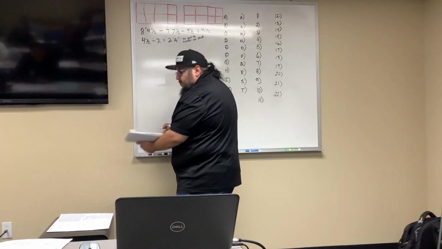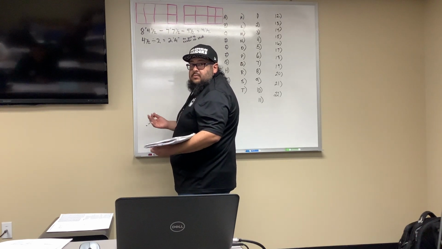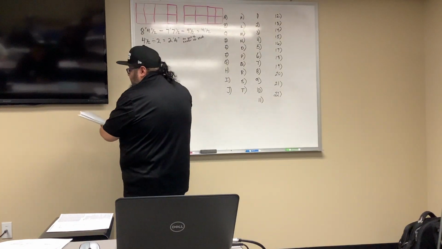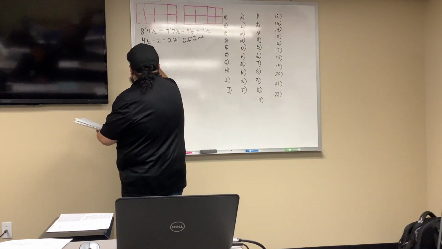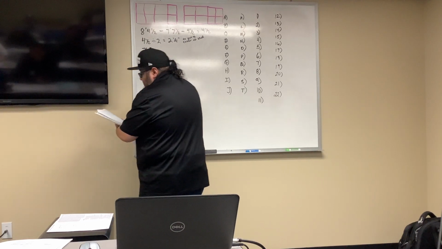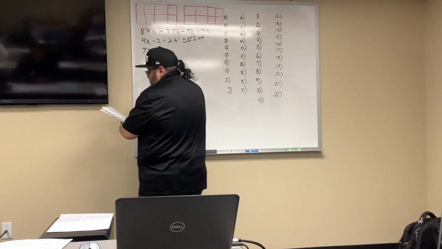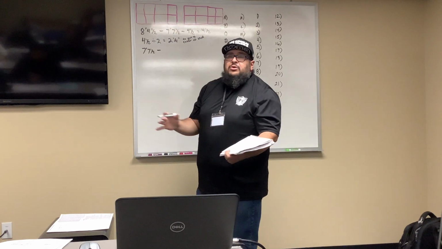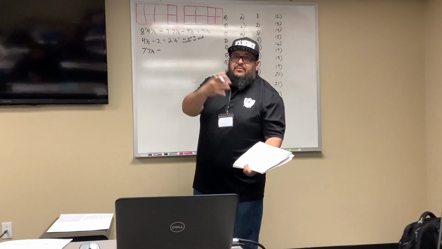So now we're going to try and find piece number 1. We're going to take that inside length, which was 7'7.5", and we're going to subtract. Now I'm going to write this out just so you guys can see where all the numbers are coming from.